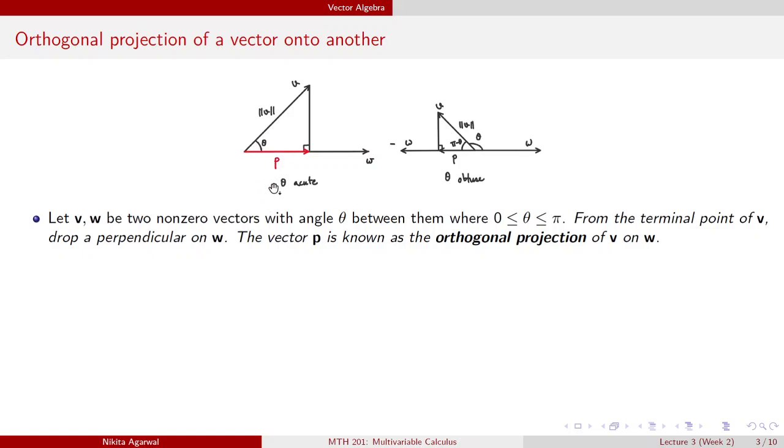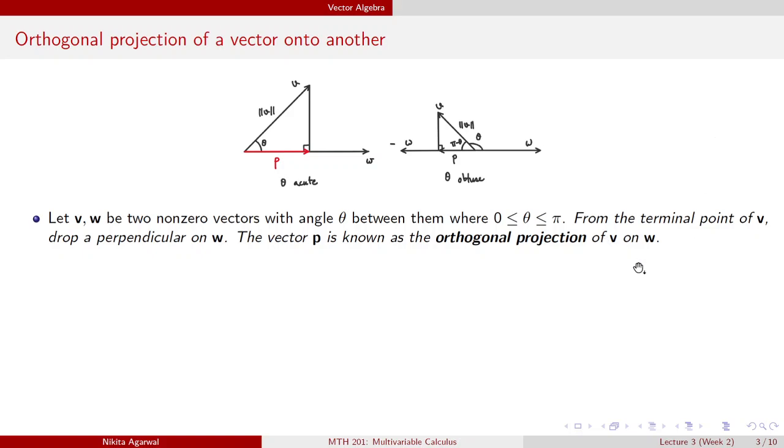If the angle is acute, this is the picture that you get, whereas if the angle theta is obtuse, then this is the picture that you get. Also, there is a third case when theta is pi by 2, in which case I have not drawn the picture, but they will be perpendicular to each other, right?